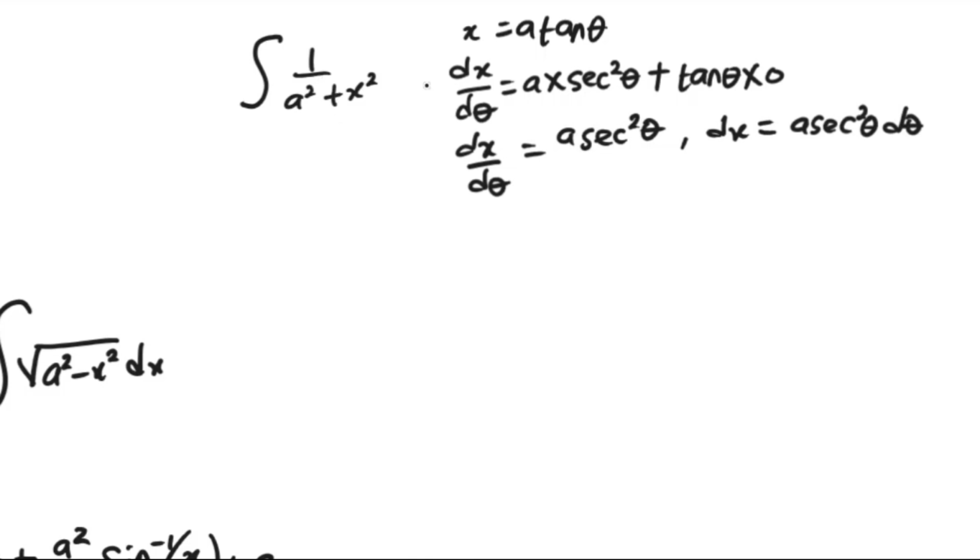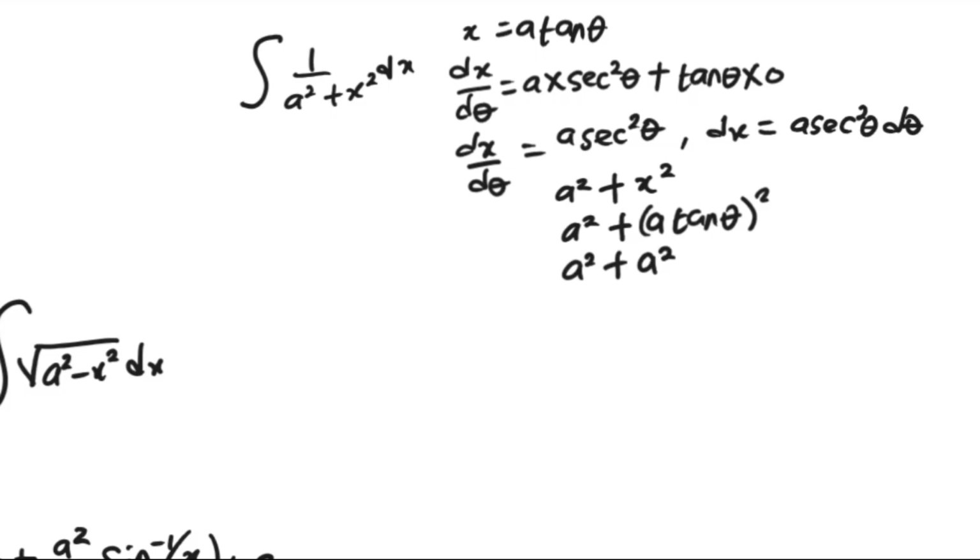Before we go further, let's look at the denominator. If we say a square plus x square, and our x is a tan theta, we are going to have a square plus a tan theta raised to the power of 2. We have substituted x to be a tan theta. So this is a square plus a square tan square theta.